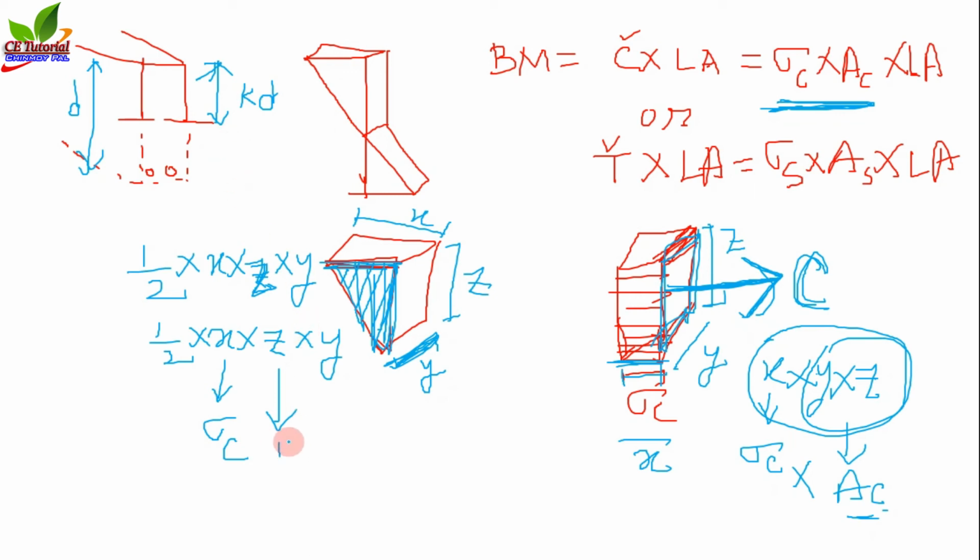Now this Z is actually kd, and this Y is actually b, the width of the beam.